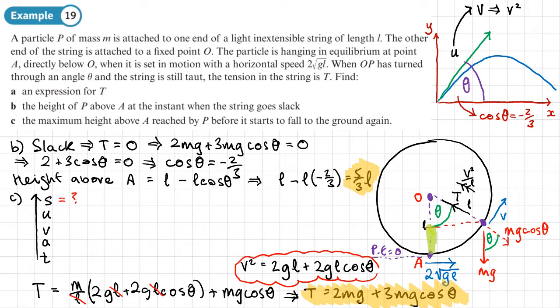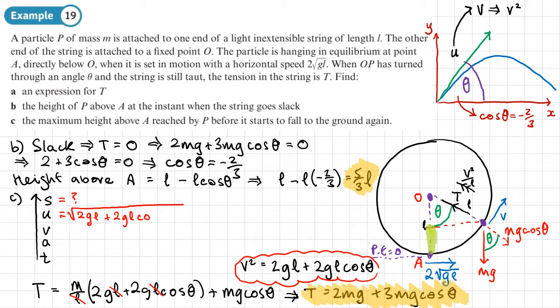Now U is going to be the square root of this, that initial velocity. So it will be a long square root, but you never know, it might get squared in a moment, which will be handy. So it's going to be the square root of 2gL plus 2gL cos theta.